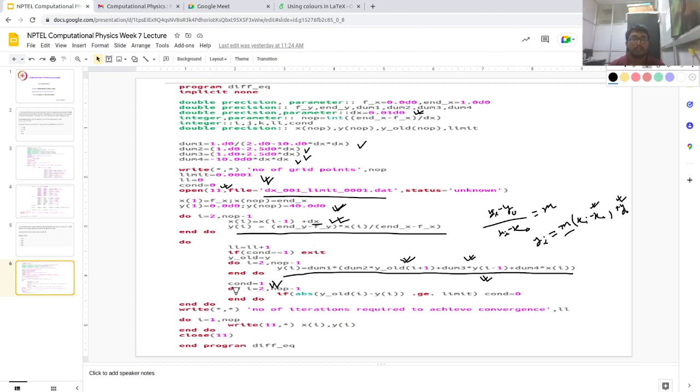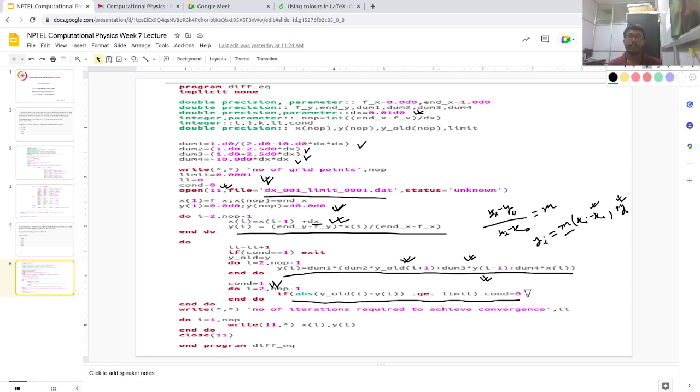Also, what we did is now let's test the convergence. So what is the convergence test? The absolute of y old minus y i, that means the change in the y value from one iteration to another, whether it is greater than or equal to the limit. The limit is 0.0001.